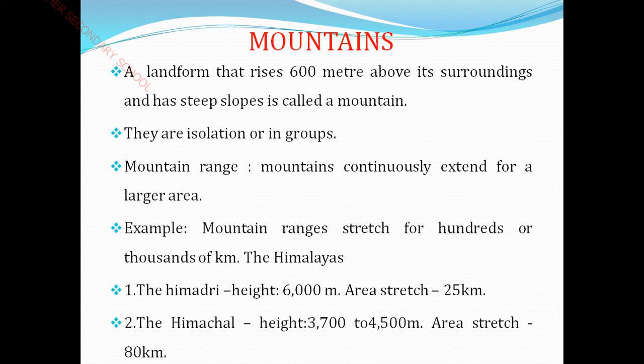Under this mountain subtitle, you have to know that a landform that rises above 600 meters over its surrounding and has a steep slope is called a mountain. That is the specialized feature of a mountain.